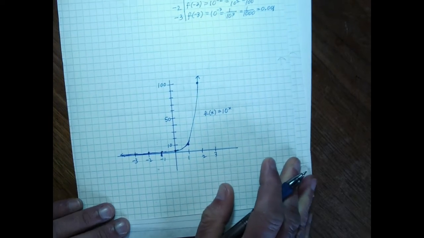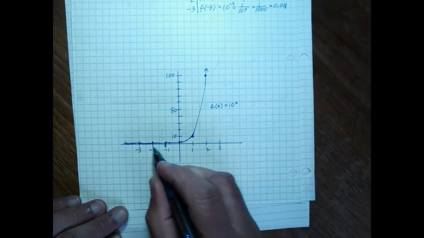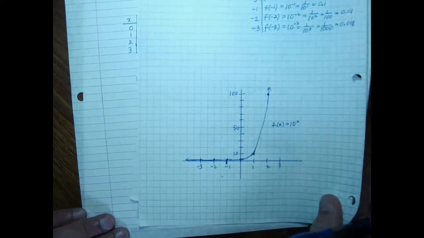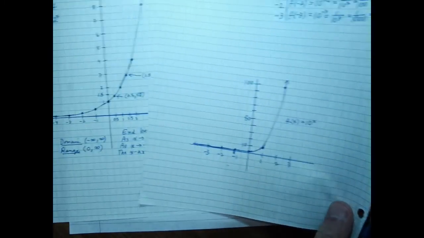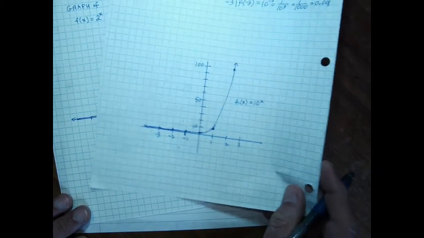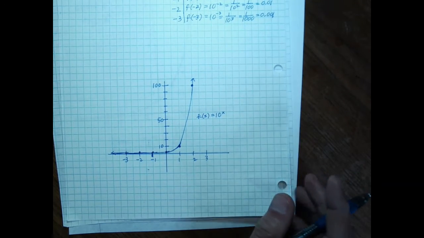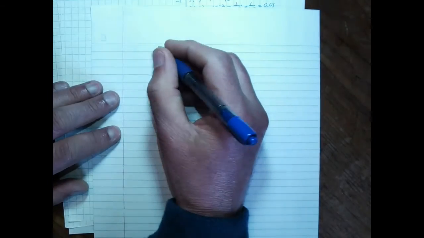And my point here is just that this looks very similar to the shape of the graph we saw with 2 to the x. So there's a certain common shape that all exponential functions of a certain kind have, and I'd just like to sum that up right here.